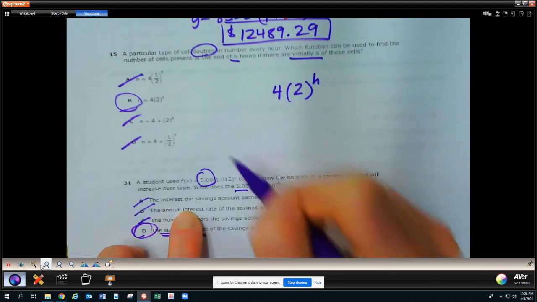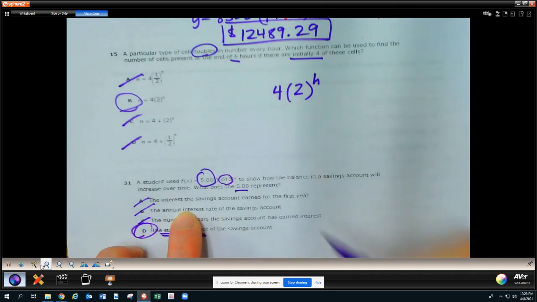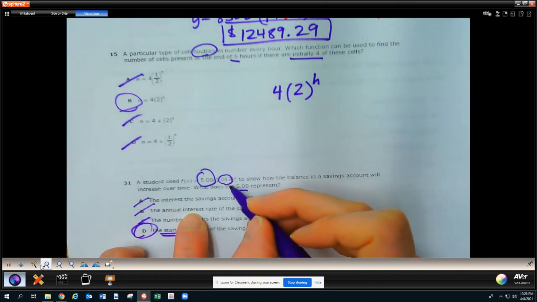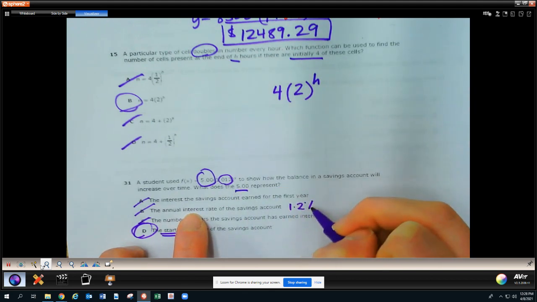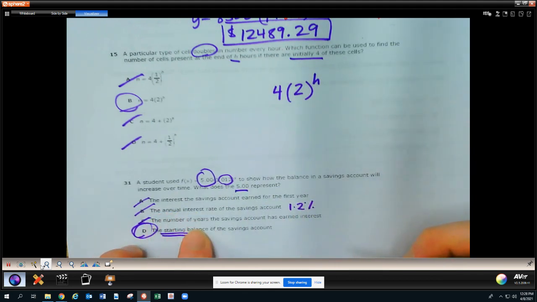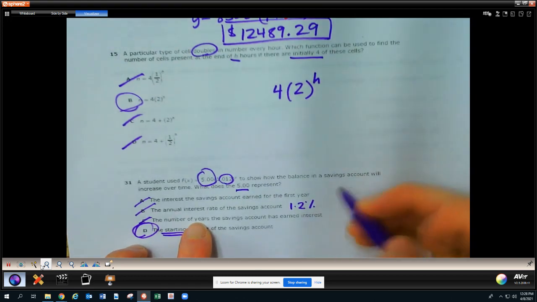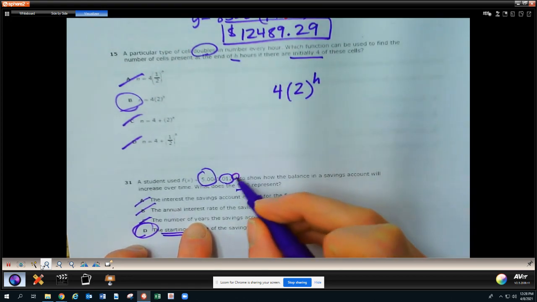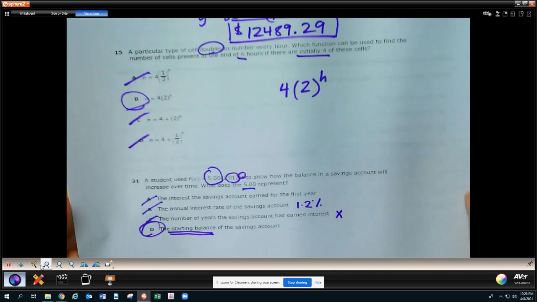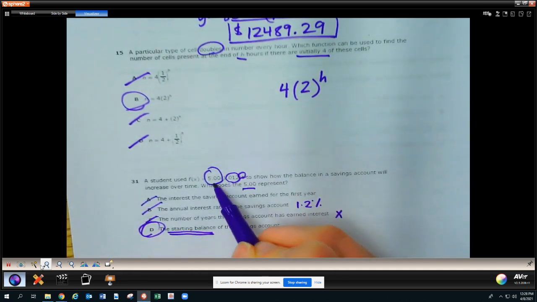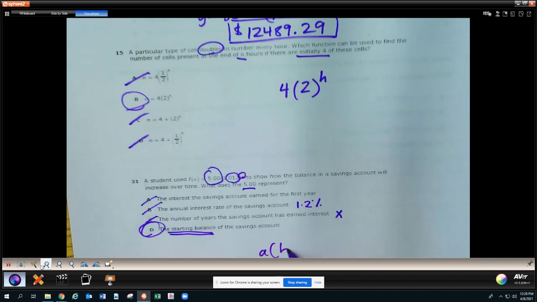The annual interest rate that we're adding to 1 is 0.012, and as a percent, it would be 1.2%. So that's how we know that's not correct. And the number of years is represented by x here. So the answer for this one is D. The 5 represents the starting amount because it's in the a position here.